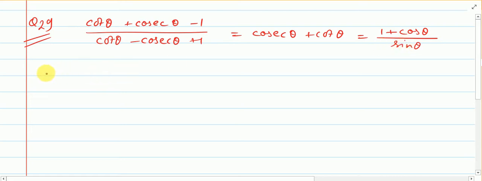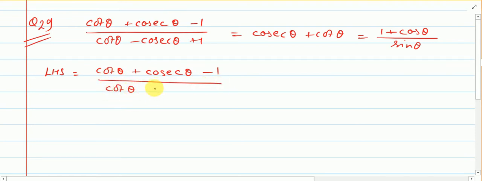So let us take this left hand side one: cot theta plus cosec theta minus 1 upon cot theta minus cosec theta plus 1.